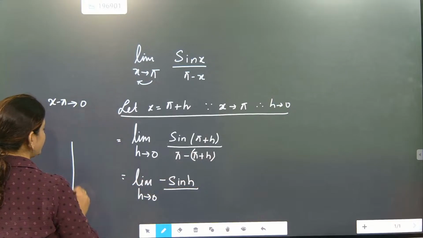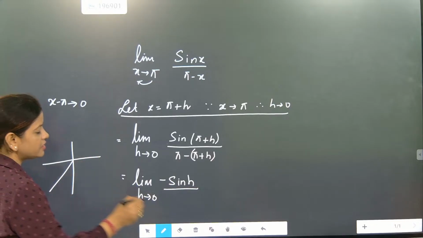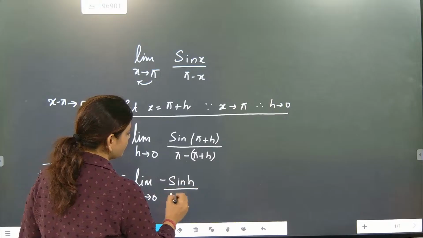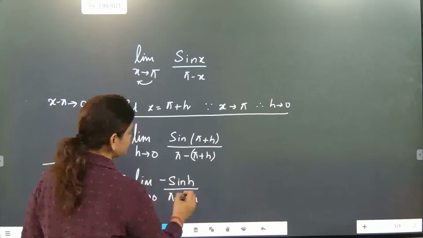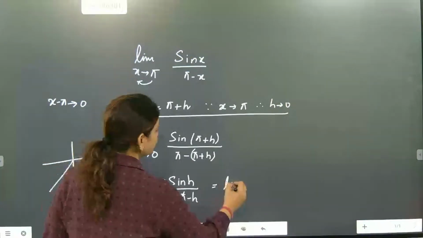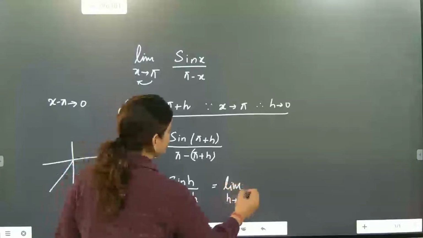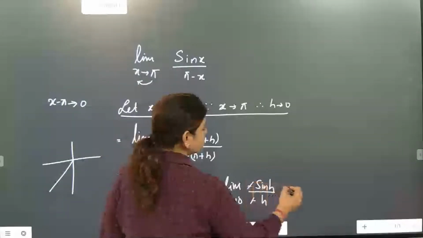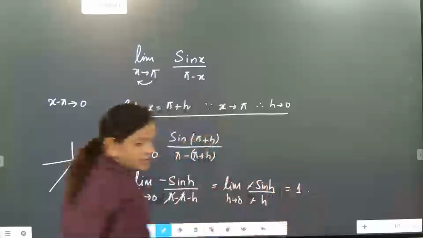Because it is lying in which quadrant? Third quadrant. And in the third quadrant sine is negative. So it will become minus, and this part and this will get cancelled. So it will become limit h tends to 0 of minus sin h by minus h. So this part answer will come as 1.